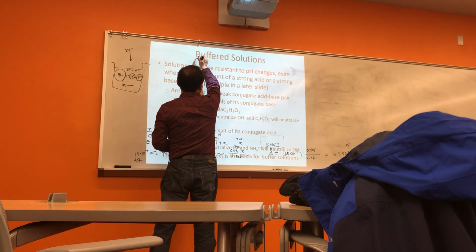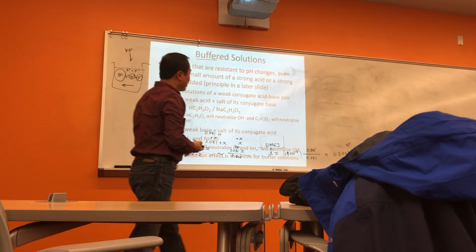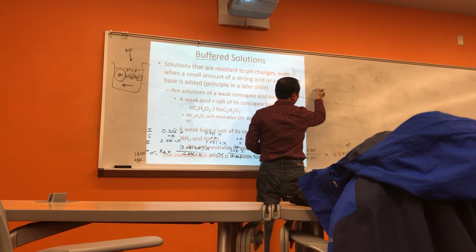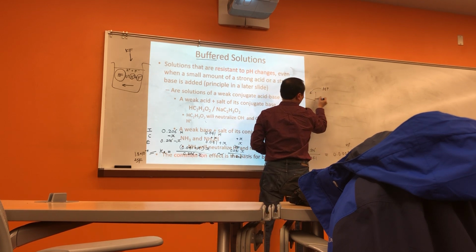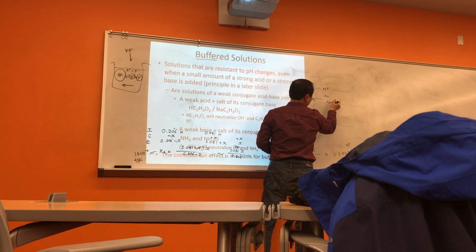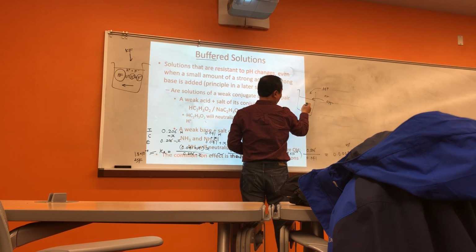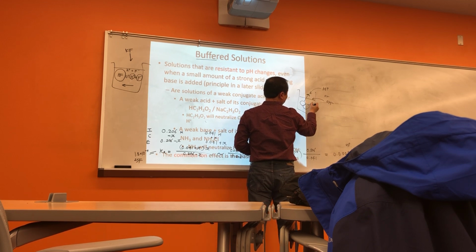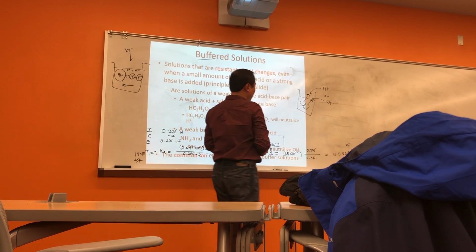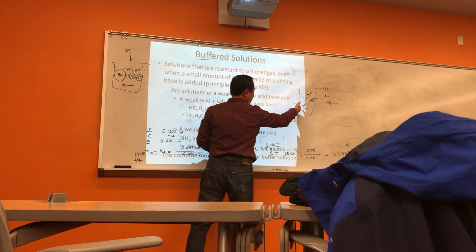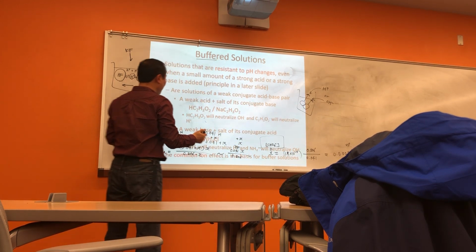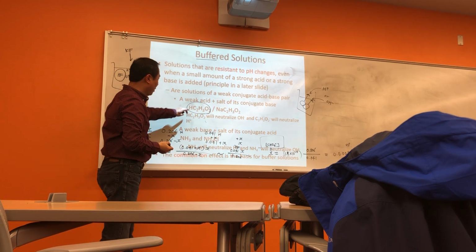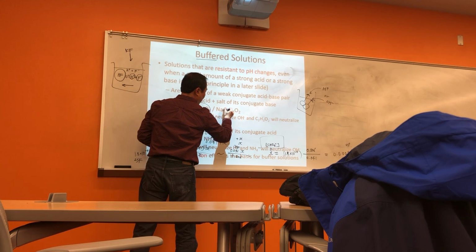So, a buffer system is a solution where, when you add either acid or base, the system has certain compounds that can neutralize either acid or base. So a buffer system should have those two pairs. Normally, we have a certain weak acid and its conjugate base.